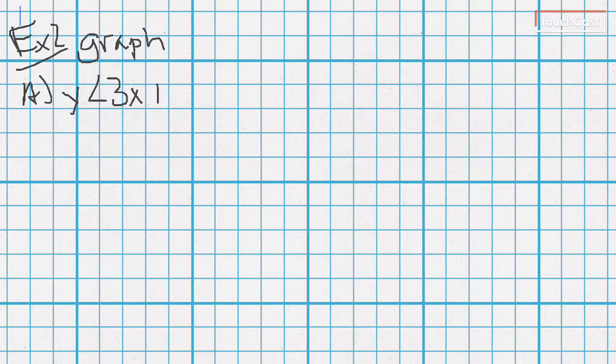So in example 2, we're going to graph y. We're going to have two examples within example 2. Our first one is y is less than 3x plus 4.